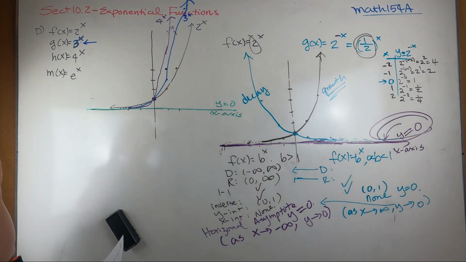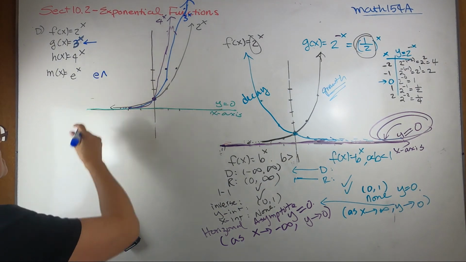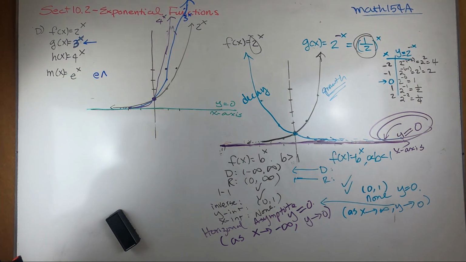All right. And you are going to learn something called e. If you use your calculator, you will find out there is something called e, right? Try to use the calculator to see e. Sometimes it gives you this, that means power.